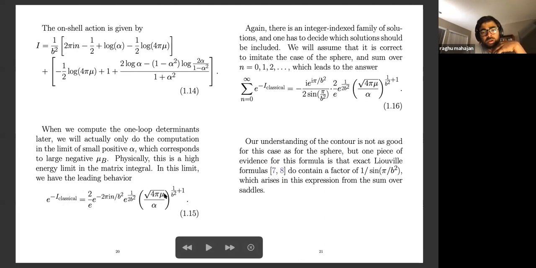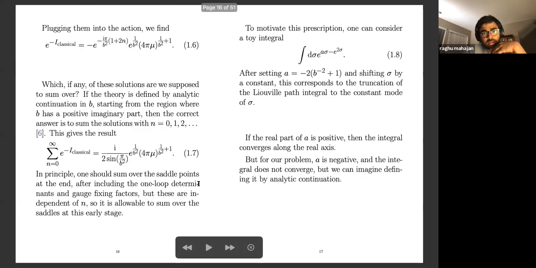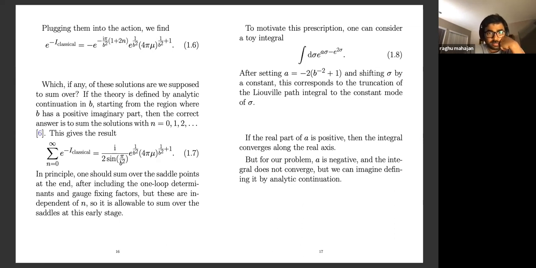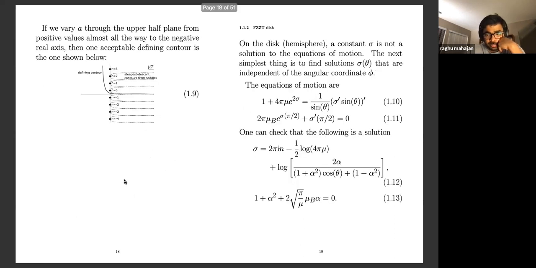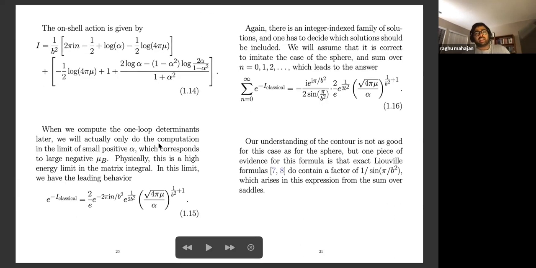So here mu has a square root and has this power 1 over b squared plus 1. And in the sphere, it had just mu to that same power. So this is what I mean by canceling the mu dependence, because there is no direct dual of mu in the matrix side. A numerically precise dual. Anyway, so then again, we sum over these saddle points and so on and so forth.